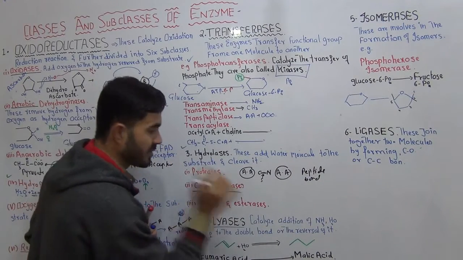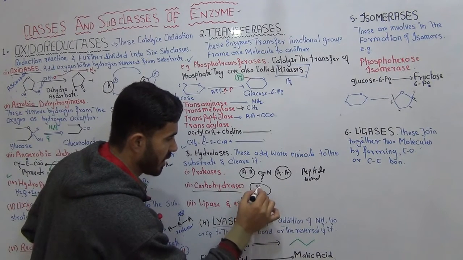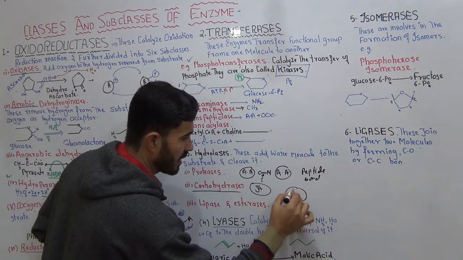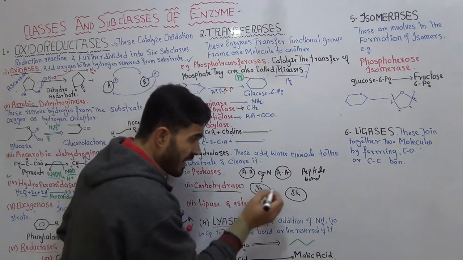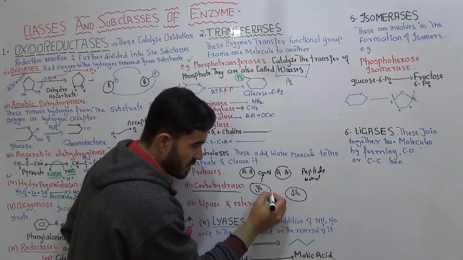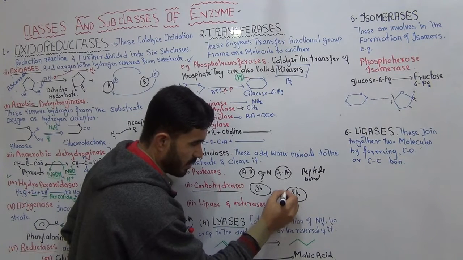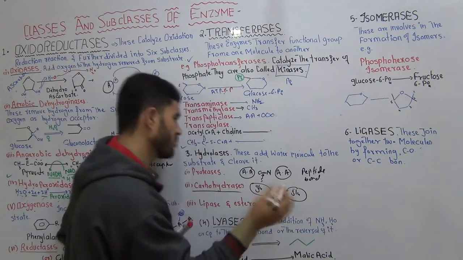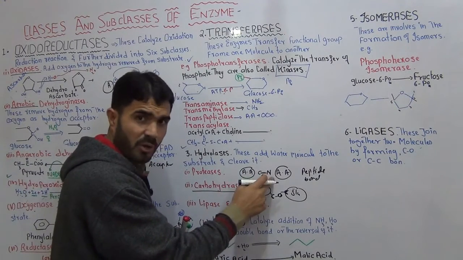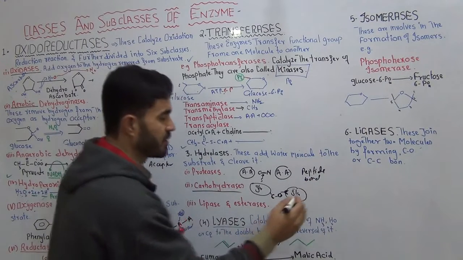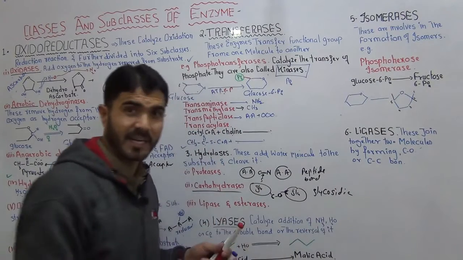In carbohydrates, let's suppose there is one glucose. I will just write GL, glucose, and there is another glucose, GL. There is no need to write the structure of the glucose. The bond between them is the COC bond. In case of glucose, COC bond is there, like in protein the CN bond is there for the peptide bond. COC bond is for the glycosidic bond.